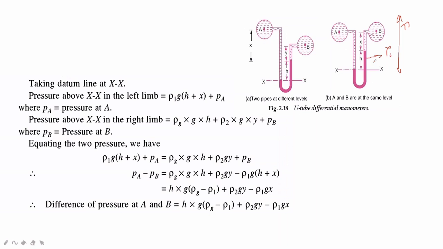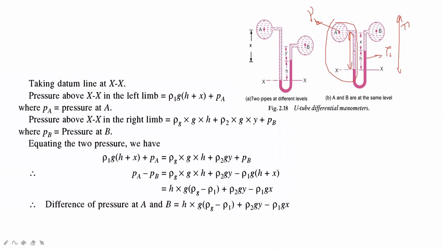Density is rho g into h into g plus PB, correct? Next, here, when we come here, what happens? Here the same liquid is there. So rho 1 here also, rho 1 here also, because of the same liquid. So rho 1 g into h plus PA. So PA plus the pressure of that liquid, rho g h1. So h1 is h plus x.